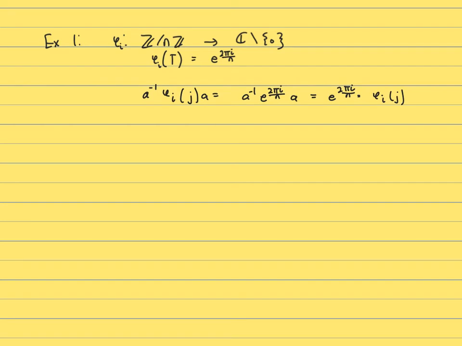So, in other words, every single last one of these representations is equivalent to itself. And so we see that there are n distinct representations up to equivalence, V0 to phi n minus 1.